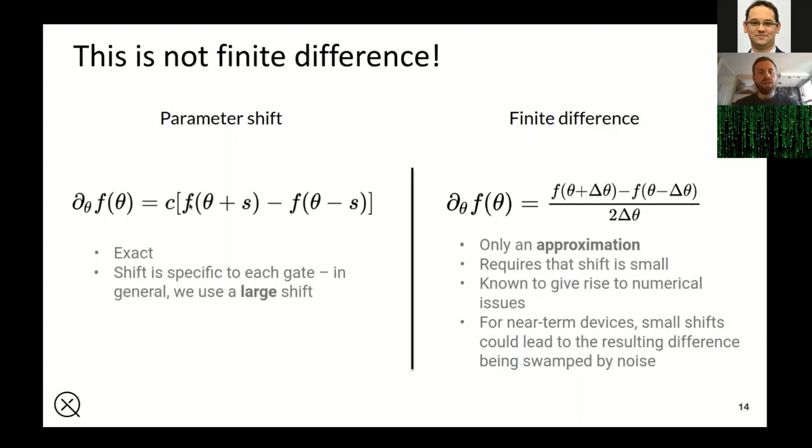But the key thing here is that the parameter shift rule will be using these shift values that are relatively big in nature, whereas the finite differences rule will use shift values that are very small in magnitude. The parameter shift rule will provide the exact analytic values, whereas the finite differences rule will only provide an approximate value to the gradient. It is also worth noting that with the finite differences rule, you may be experiencing numerical instabilities, especially when using noisy devices.